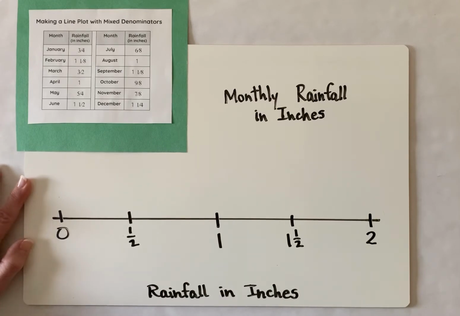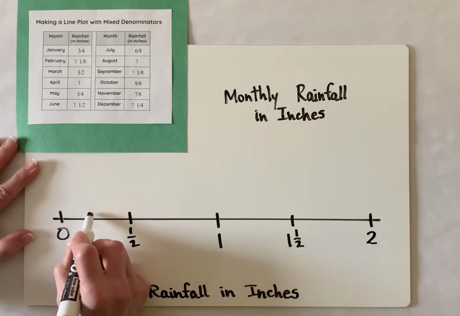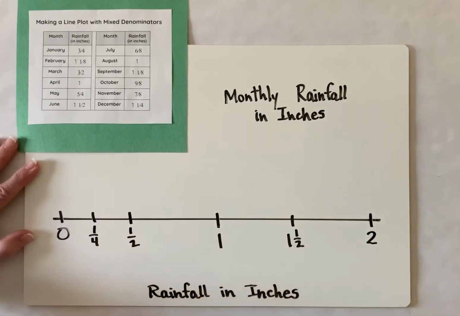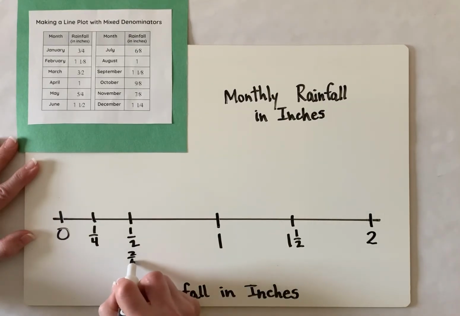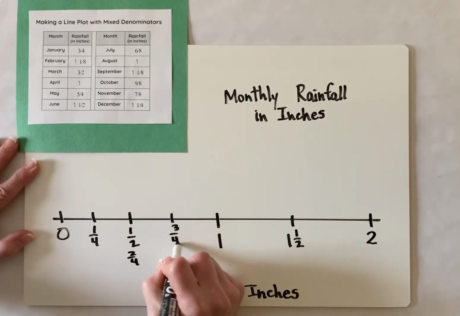All right. Now I'm going to partition my line plot into fourths. So I'm going to go to my half, and I'm going to break each half in half. And that will give me my fourths. So that's 1/4. This would be 2/4. This would be 3/4.